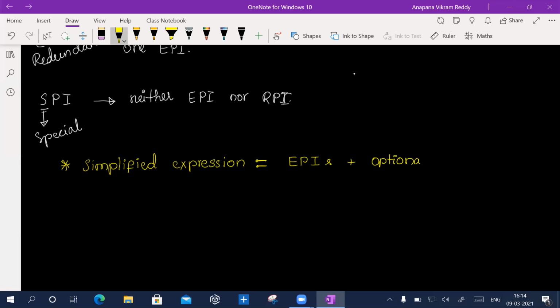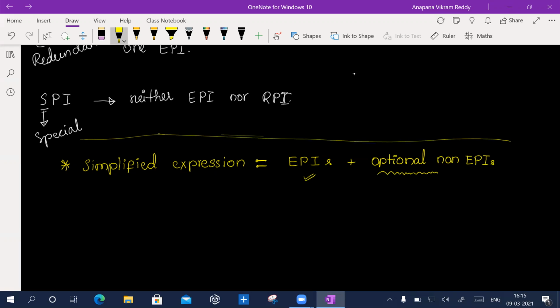You will come to know this. Except for now, this is plus optional non-EPI, but this is important. So this is your simplified expression. In general, your expression is something like this.